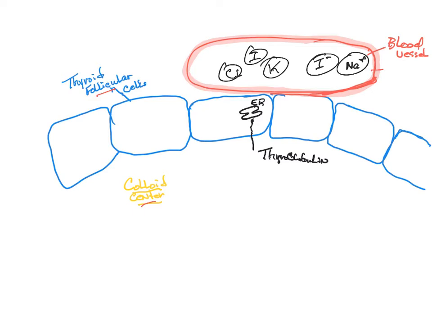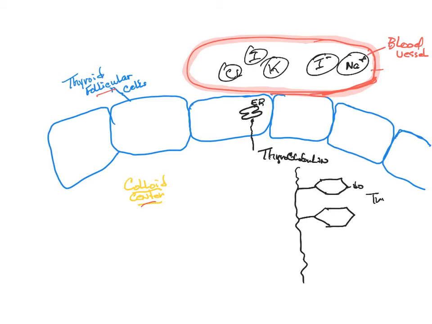Thyroglobulin is a large protein molecule, and it has these tyrosine chains attached to it. So this is a long molecule, but it will have these tyrosine chains attached to it.